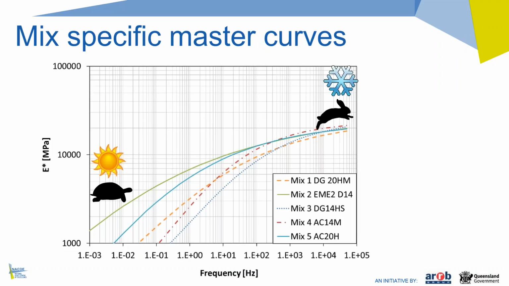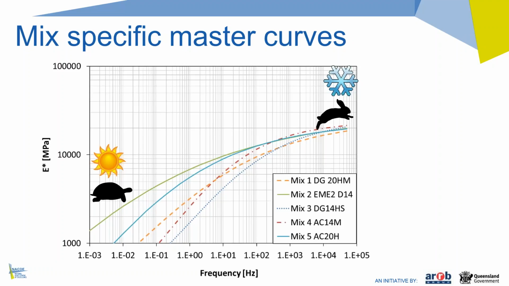But then once you are done, you can create these mix-specific master curves, and I've shown on this slide a number of these master curves and what they mean. So these are master curves for mixes that were actually tested as part of the TMR NACOE P10 fatigue at elevated temperatures project.